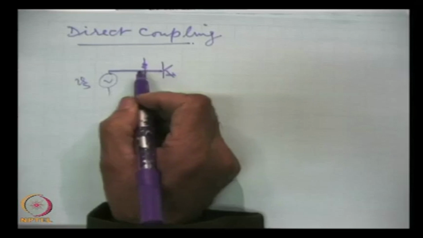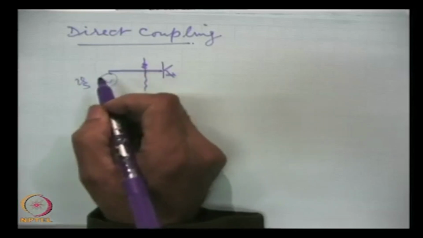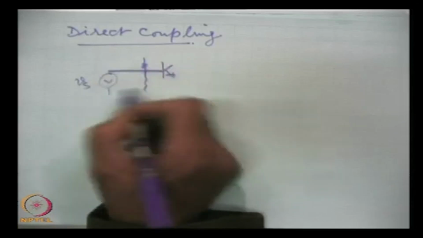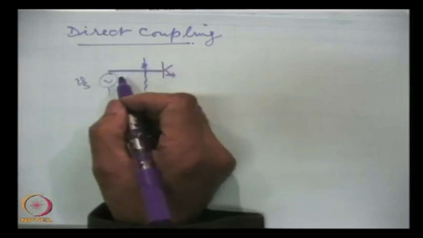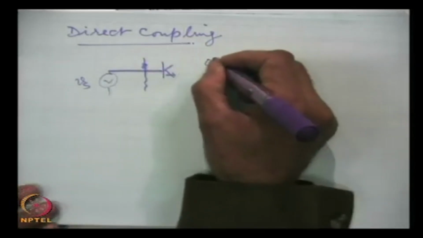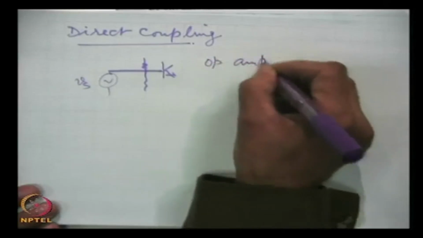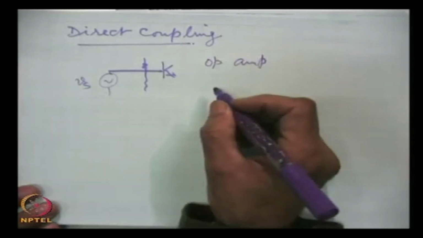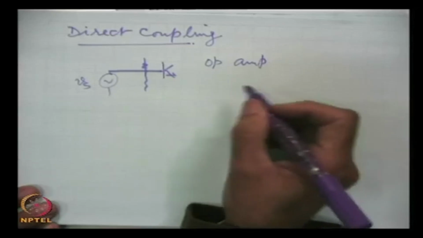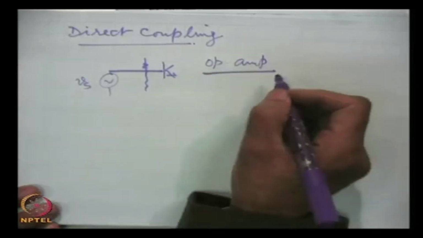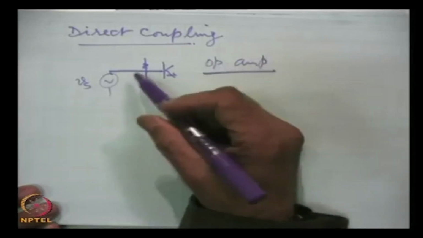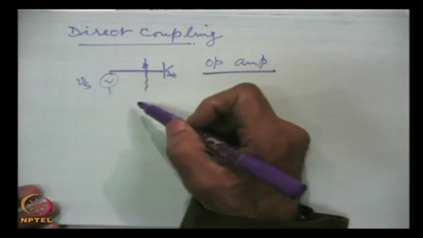In recent years, say the last 20 or 25 years, this coupling has found big applications, for example, in operational amplifiers, op amps, which we are going to study in detail in later modules. Most op amps make use of direct coupling.